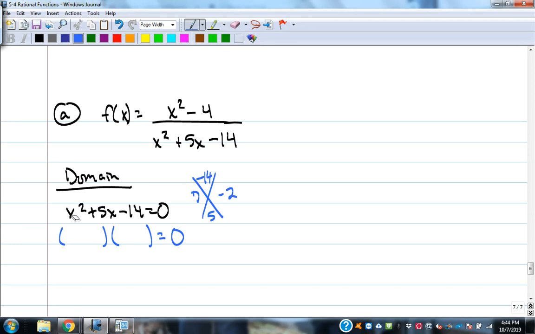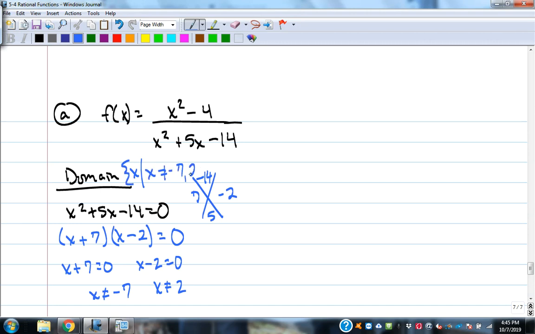Because there's nothing in front of x squared, I can take that shortcut and do x plus 7, x minus 2. Okay? Set those equal to 0. And there we get x cannot be negative 7, x cannot be positive 2. So domain: x such that x does not equal negative 7 or 2.